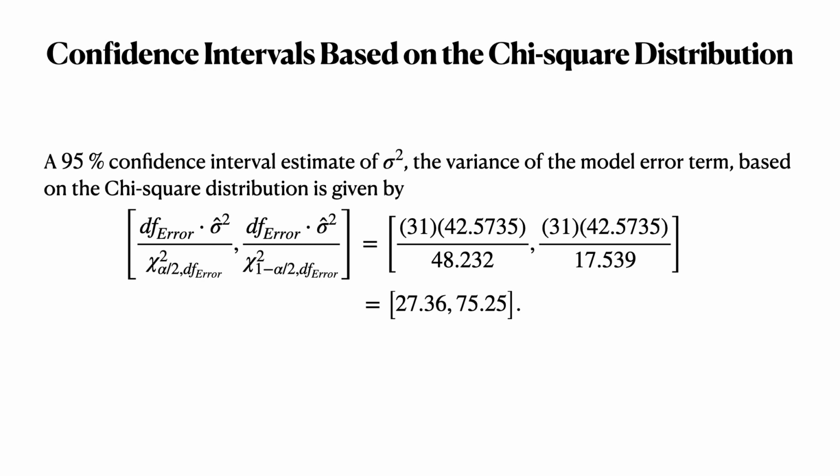And the denominator for the upper endpoint is equal to the upper 97.5 percentage point of the chi-square distribution with 31 degrees of freedom. And that's equal to 17.539. And so the 95% confidence interval estimate of sigma squared based on the chi-square distribution is given by the interval that ranges from 27.36 up to 75.25.